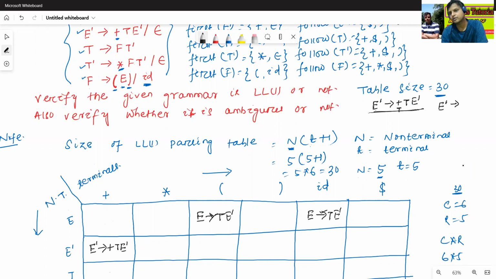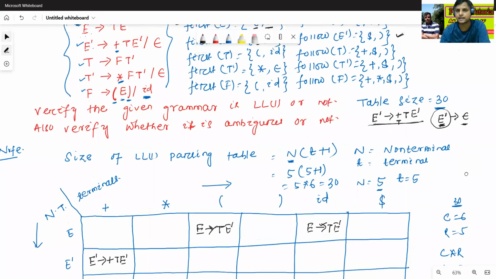Next we will see E prime → epsilon. First of this production is epsilon. In this case, if first of any non-terminal equals epsilon, we have to take the follow set. So what is the follow set here?